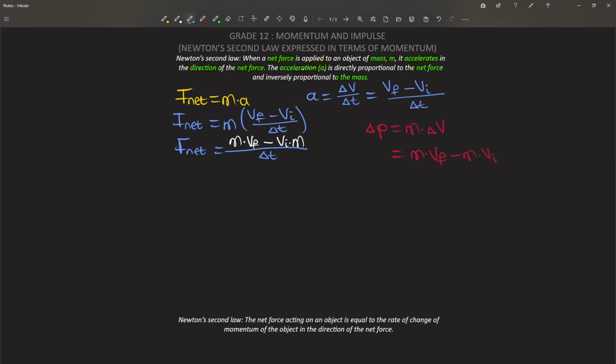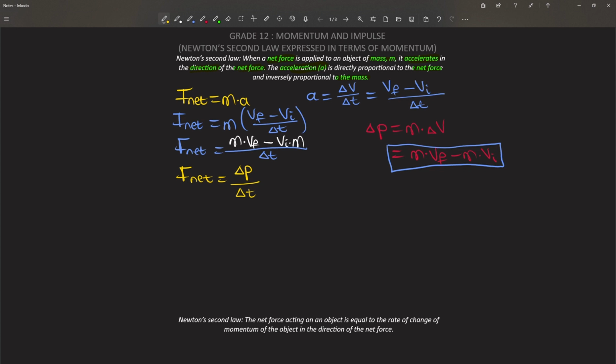If you pay careful attention, this whole term is similar to our numerator from this equation. So with this, we can conclude that our net force is equivalent to change in momentum all over time.